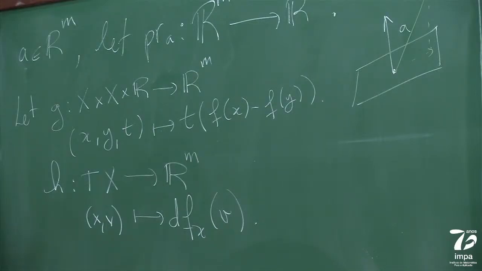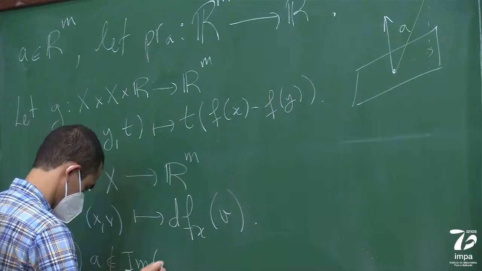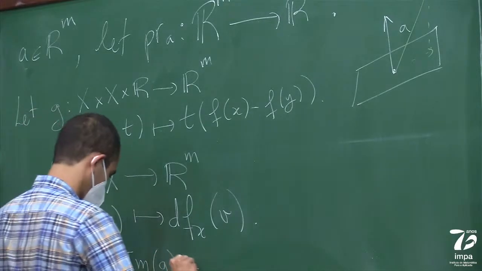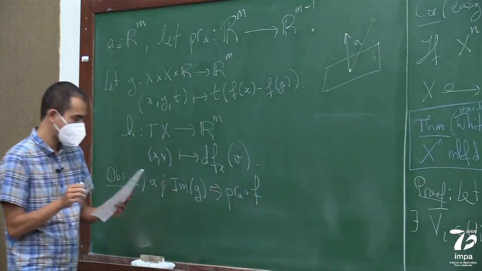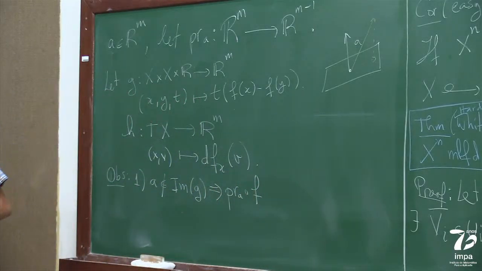And now I'm going to make two observations. The first one is that if A is not in the image of G, then when I compose f with the projection, I'm still injective.